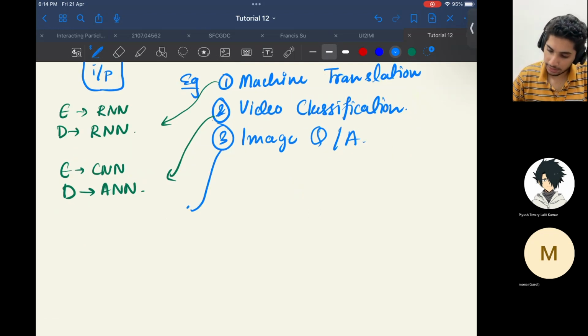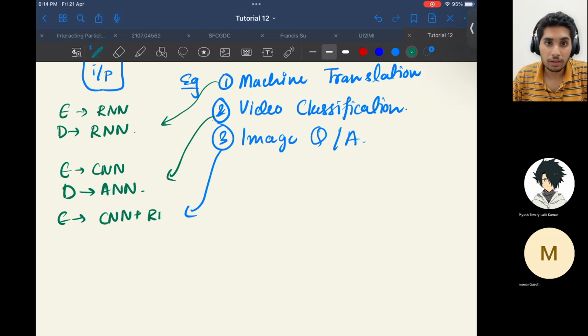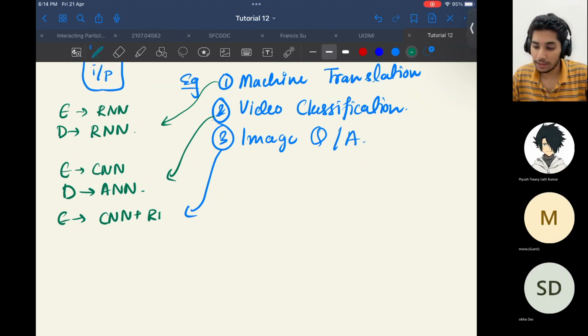Here, in the third case, when you are dealing with image question answering, your encoder is basically a CNN plus an RNN. Why is it CNN plus RNN?